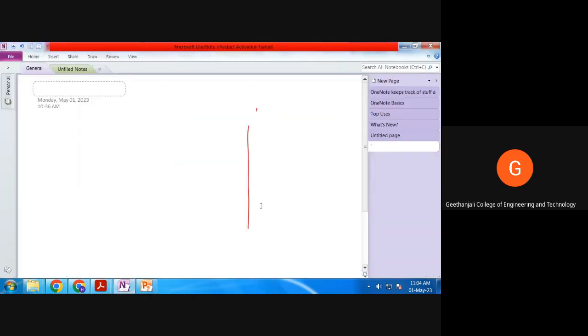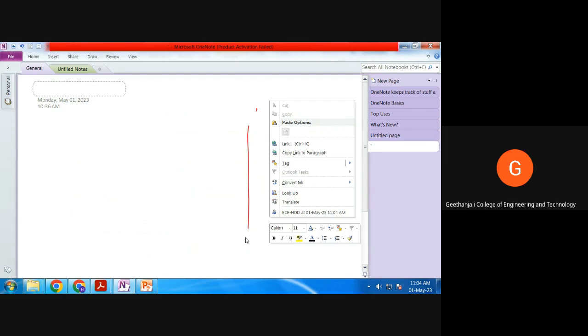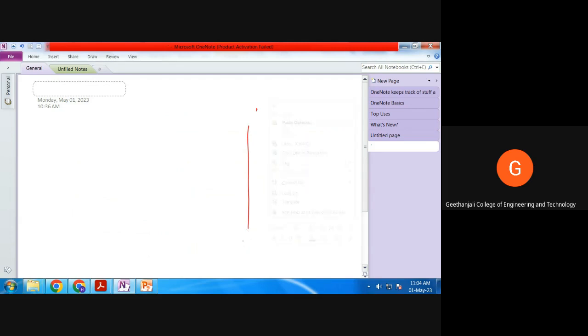Suppose you have a line charge extending from, let us say, z equal to minus infinity to z equal to plus infinity.